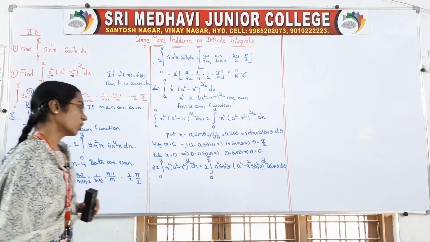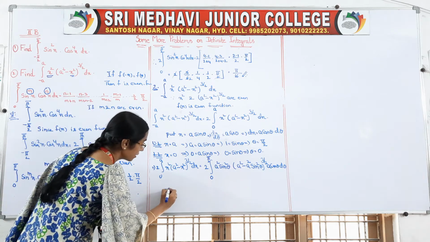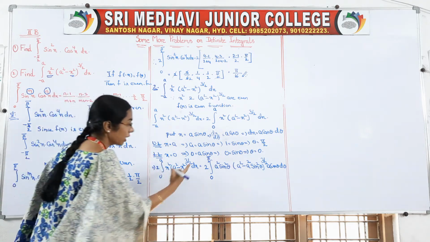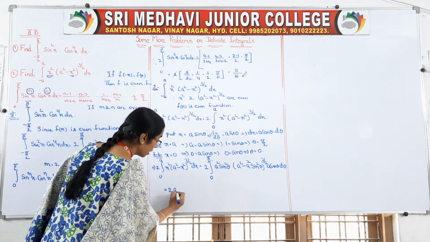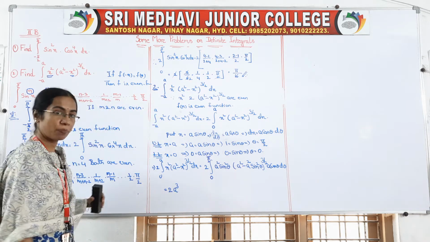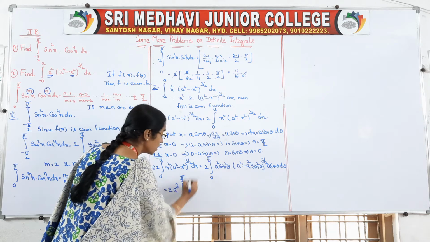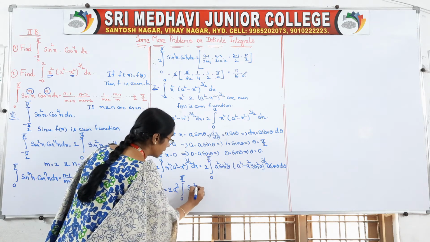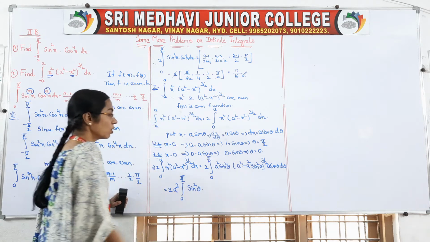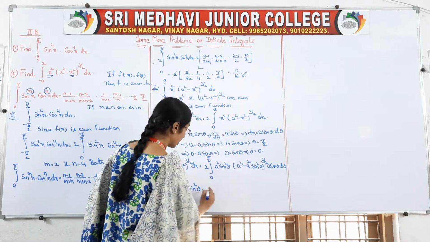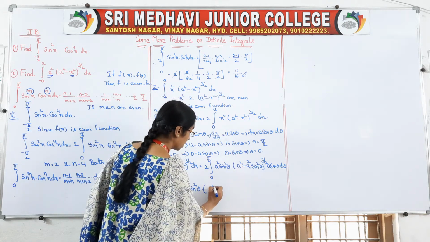Okay, so come on, we can write this as 2 into a square into a, it is a cube, integral 0 to pi by 2 sin square theta into, from this we can take a square common, right?